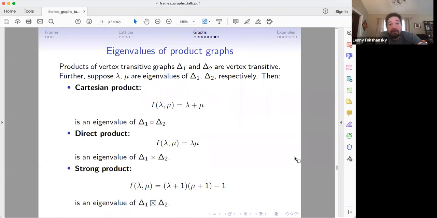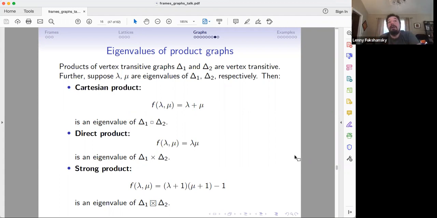For the direct product, lambda times mu. And for the strong product, (lambda plus 1) times (mu plus 1) minus 1. I will refer to this product eigenvalue as f of lambda, mu.